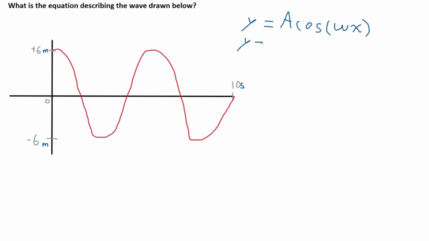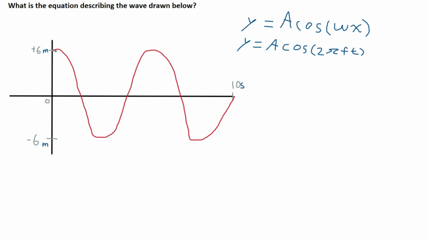So we can rearrange this and say that the y-axis is equal to the amplitude multiplied by cosine of 2 pi times the frequency times time. Now we just need to find the value for the amplitude and the frequency and plug it in.